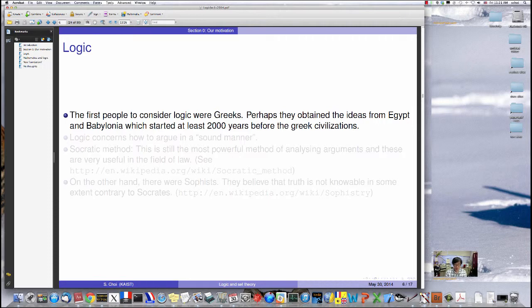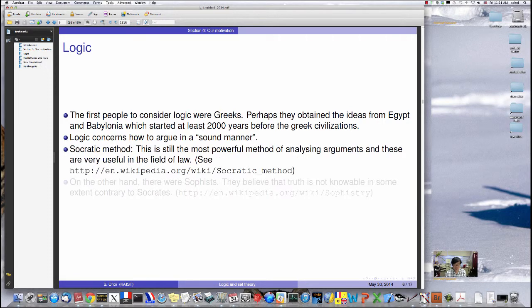Logic concerns how to argue in a sound manner. The Socratic method is the most powerful method of analyzing arguments, and it is very useful in the field of logic. Of course, the Socratic method is much more than just logic. It's a very good way to study arguments.